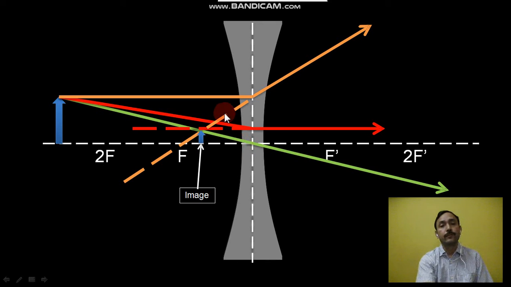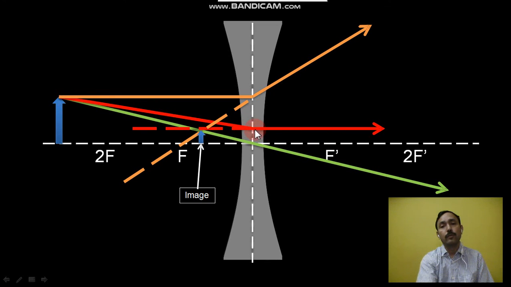Come to this figure. How is the image formed? This is the object. So parallel to the principal axis, this light is going in this direction. It looks like it is coming from the point F. Now this light is directed to the focal point F dash.